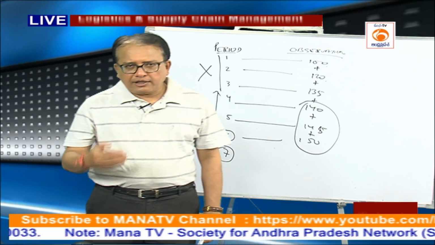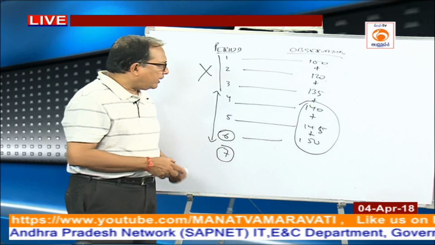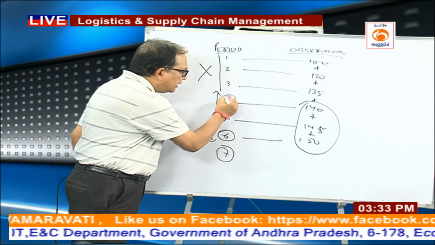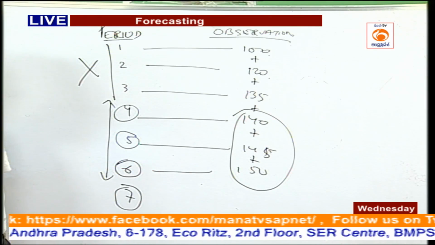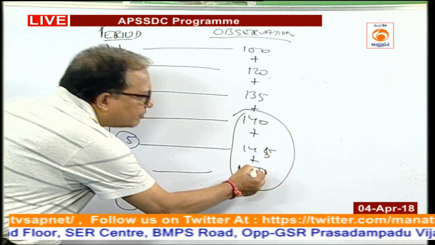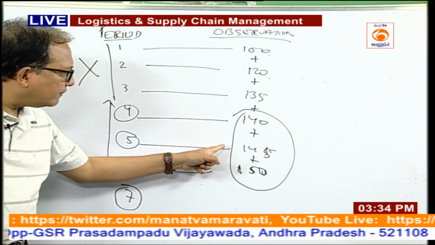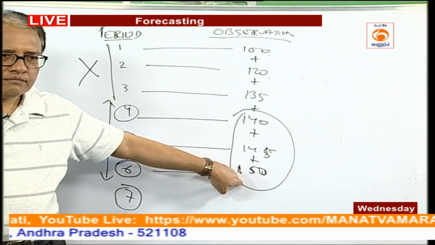Now, there is another school of thought where they say, okay, I am ready to take the last 3 observations, but in these last 3 observations also, the latest observation is more important for me. So my observation in the 6th period is most important.